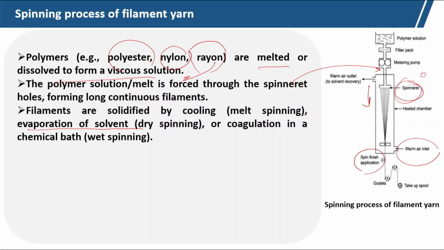We can recover the solvent; a solvent recovery plant can be used, so the solvent vapors are recovered and the fiber is taken. That is dry spinning. In wet spinning, there is a coagulation bath.